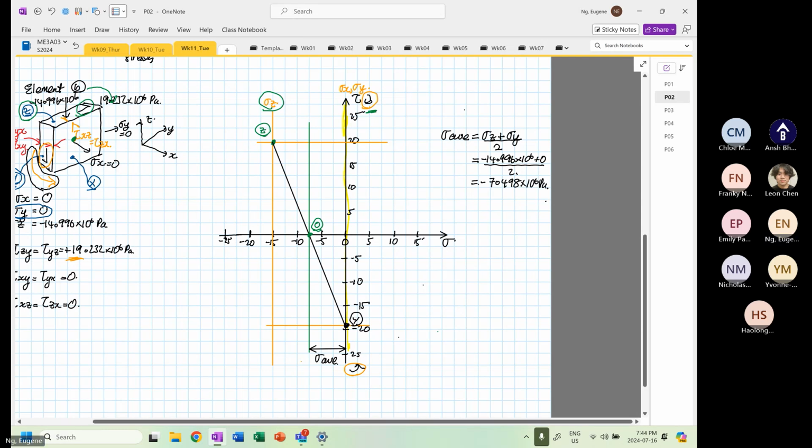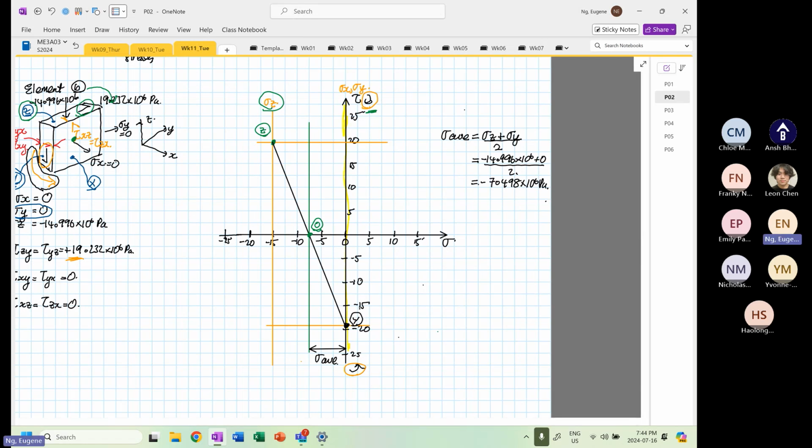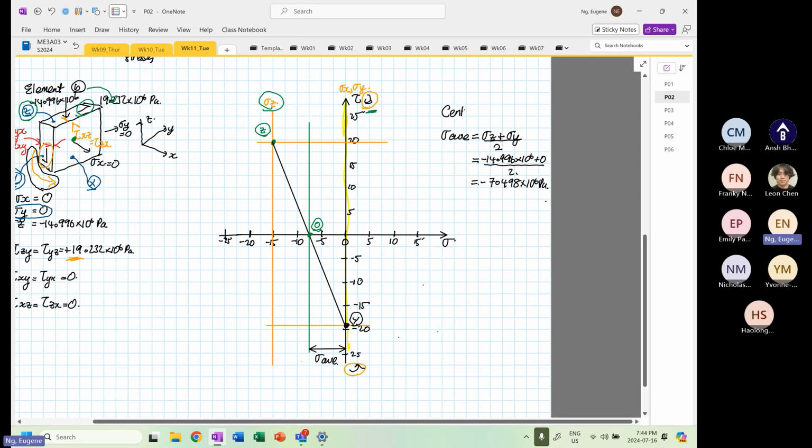Okay, so the stress average, I should have written this down earlier, I do apologize, is also known as the center of circle.